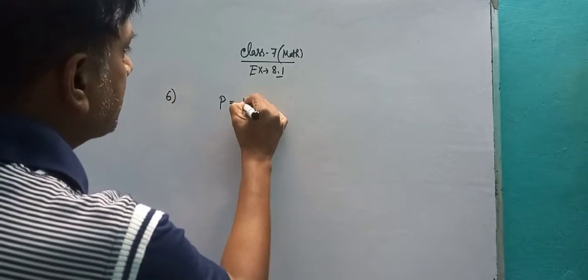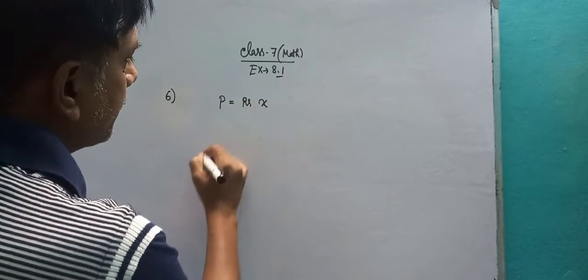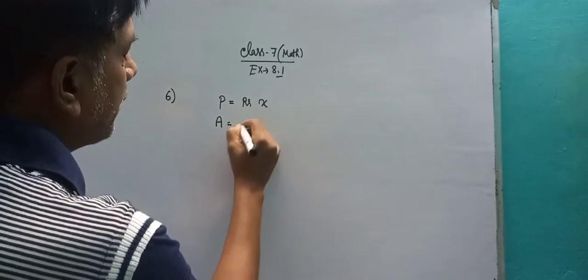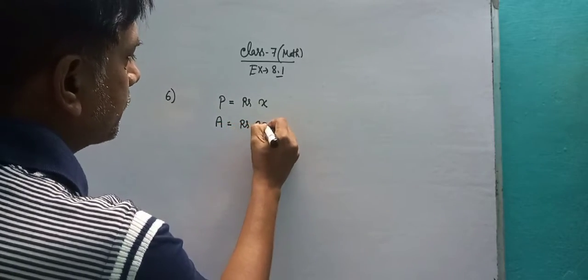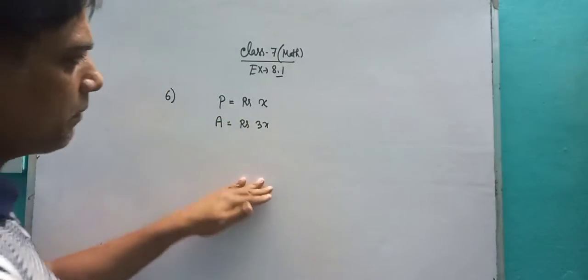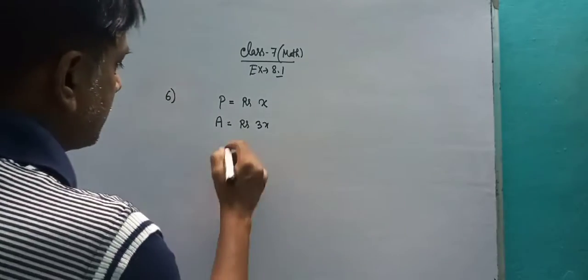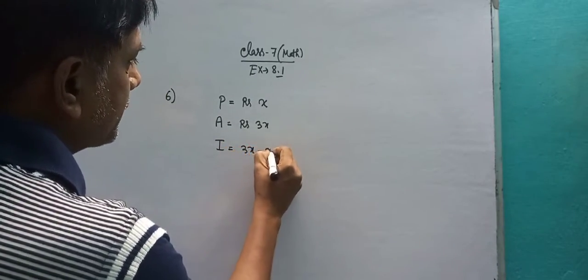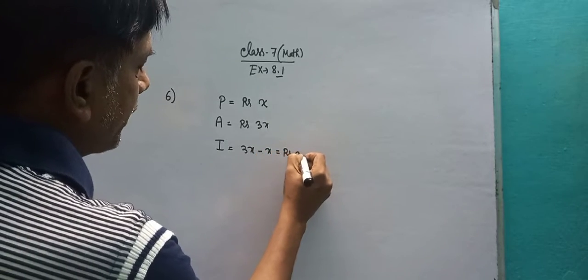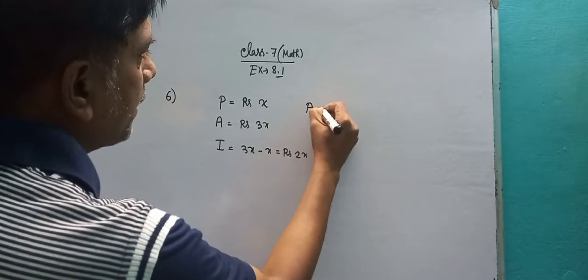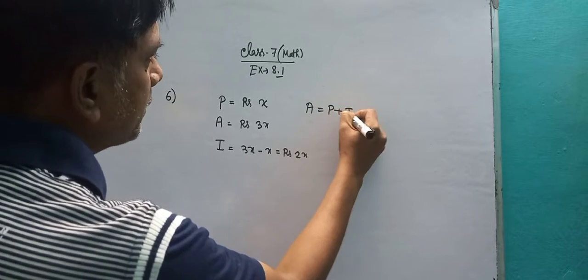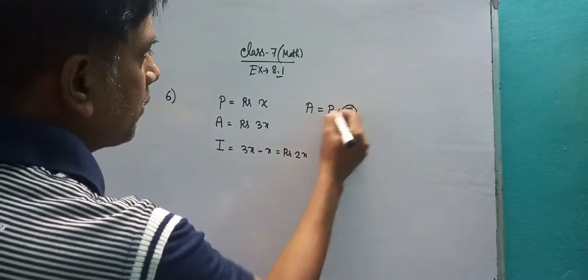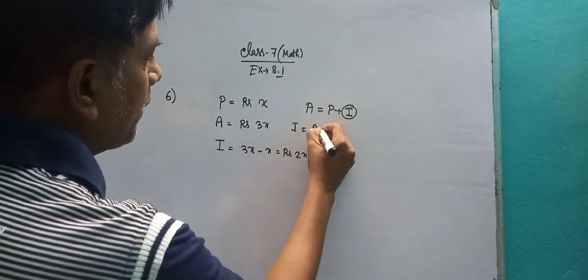If the principal is rupees x, of course the amount will become triple x, that is 3x. So interest will be 3x minus x, that is rupees 2x. Why? Because you already know that amount means principal plus interest, so interest means amount minus principal.